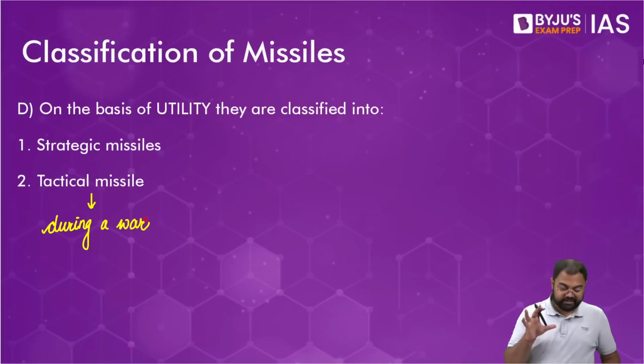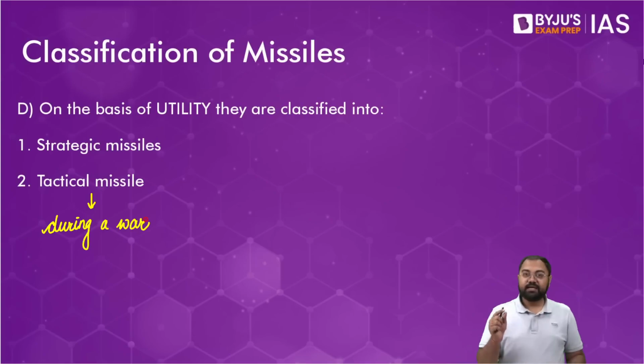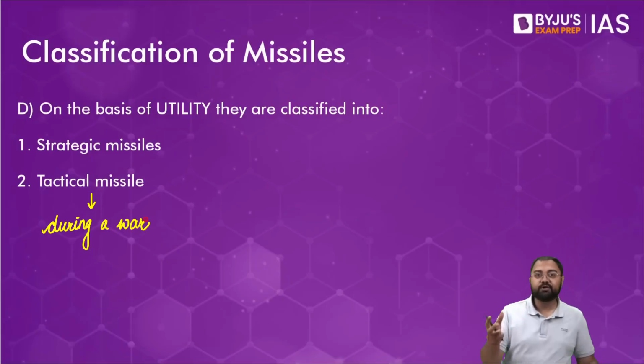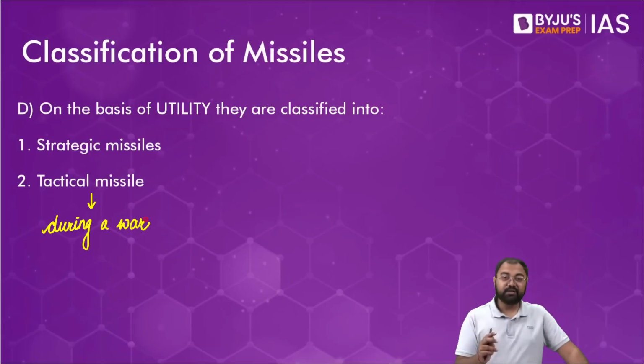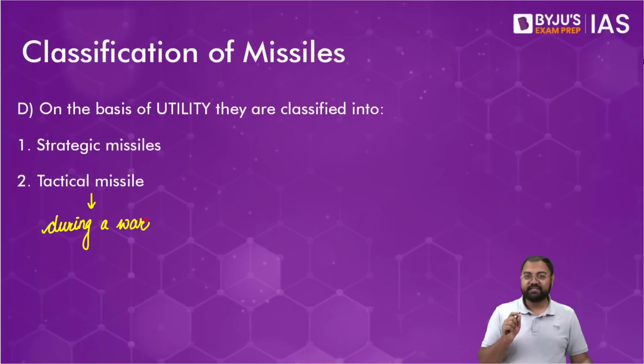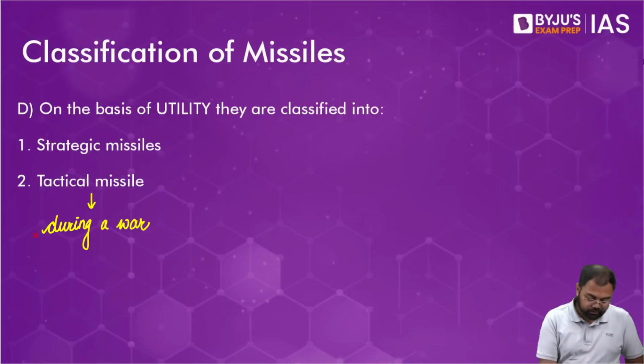In these scenarios, when it comes to tactical missile usage, accuracy requirements will be higher, range requirements perhaps will be lower. So these could also be anti-tank missiles or missiles that you are going to use at a shorter range with higher accuracy. So that's why we generally see that tactical missiles are cruise missiles.